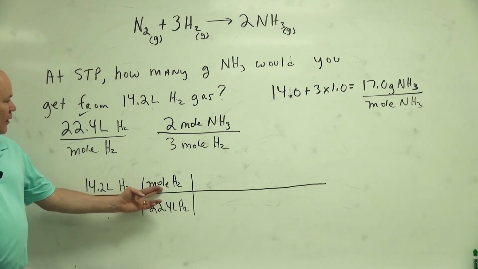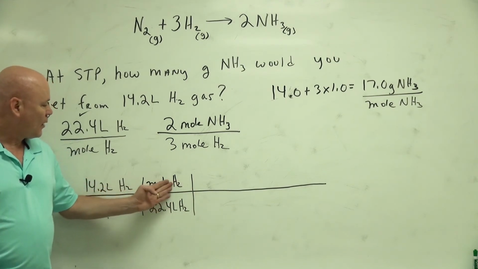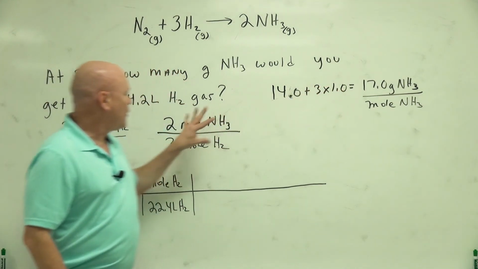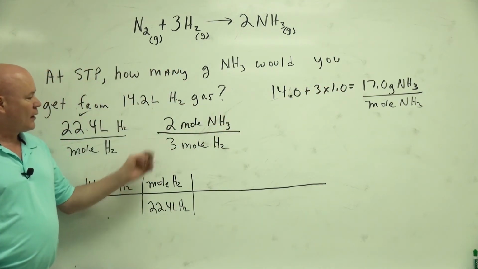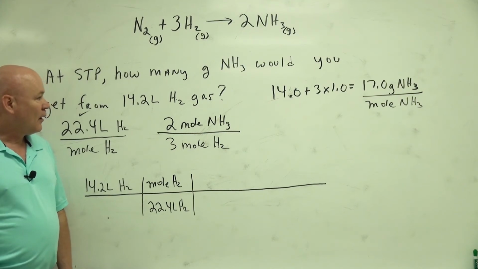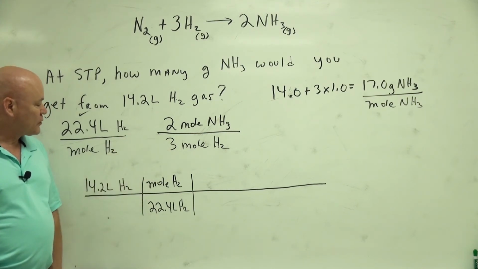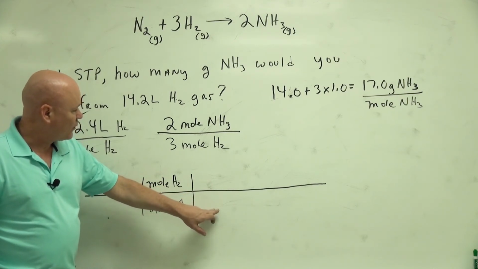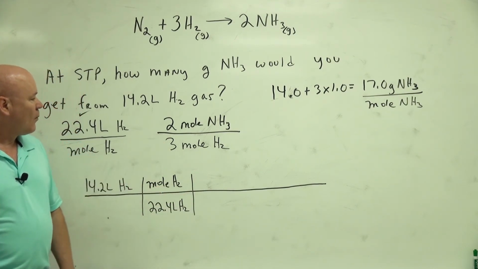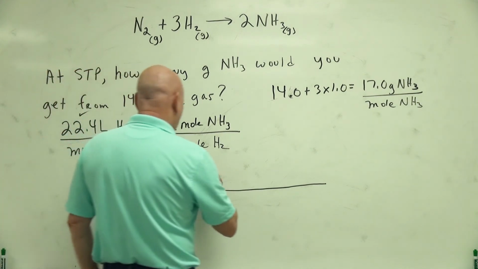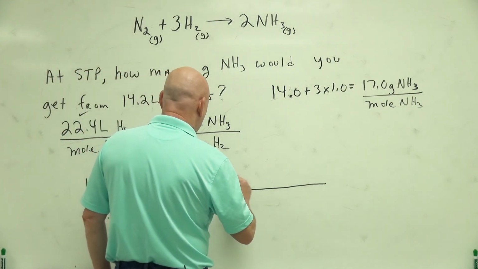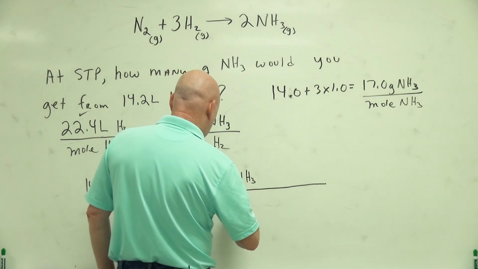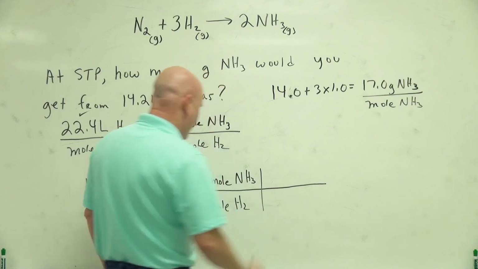And so what do we have here? We have moles H2, and we need moles H2 down here. I look at my two remaining conversion factors, and this is the only one that has moles H2 in it. That was our mole ratio. Since moles H2 is already on the bottom, I'm going to use this mole ratio as is, for every 3 mole H2.